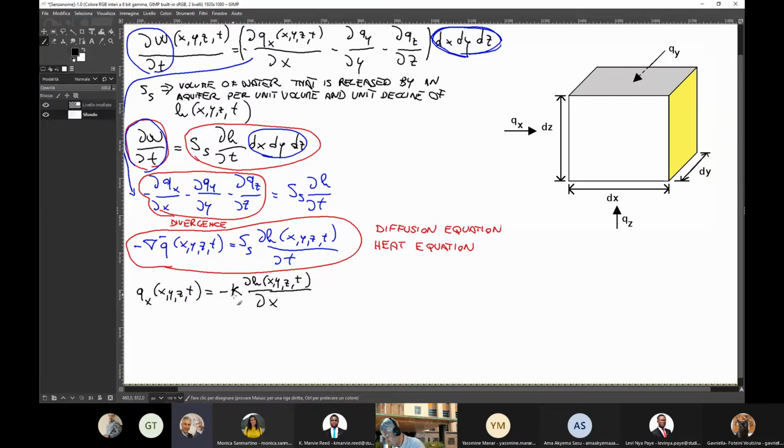Let me write it here. So K, this one, is hydraulic conductivity. Its dimensions are velocity. Or let me say, not meters divided by second, let's stay very general, length divided by time, okay? So, hydraulic conductivity is a constant, which is then a behavior of the aquifer.